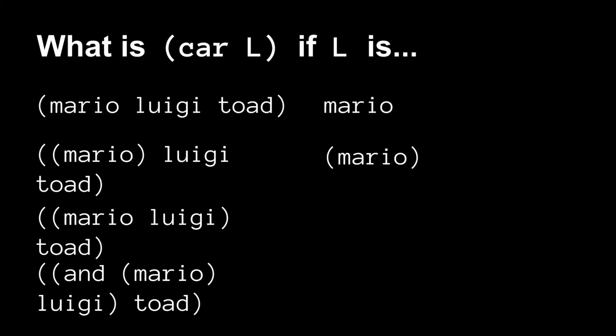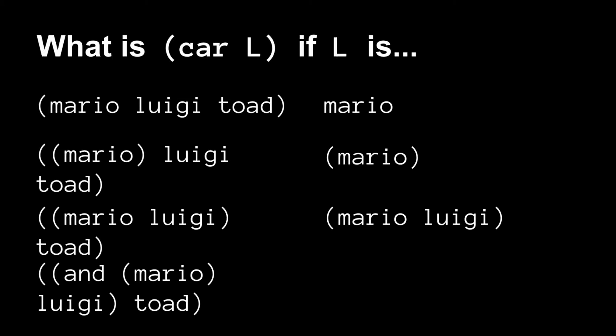Which, you know, it seems to make sense. You still get the first thing out of this. So what about the next one, where your first element is the list of Mario, Luigi? Well, car of L for that list will now be the list of Mario and Luigi.